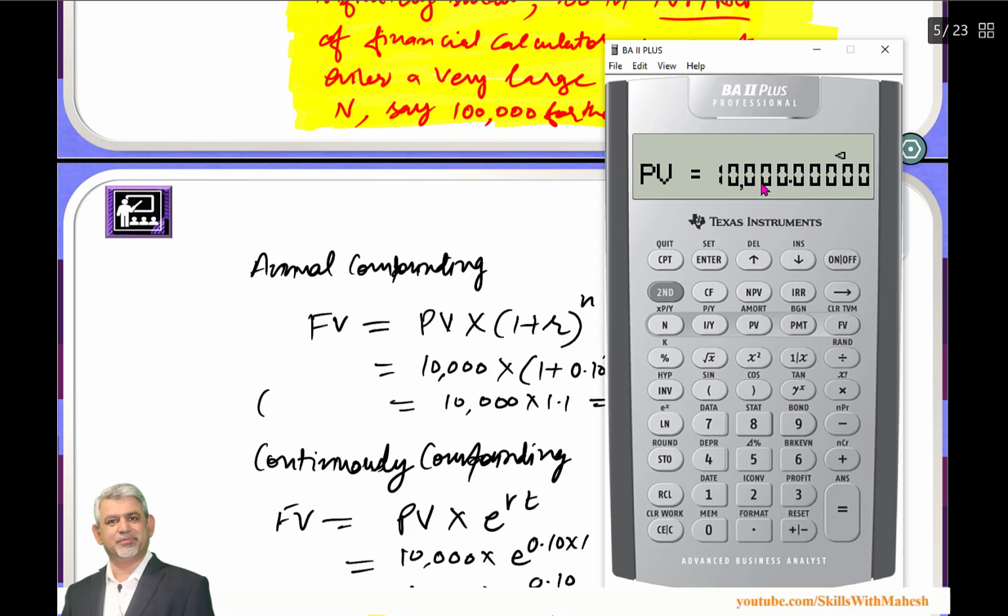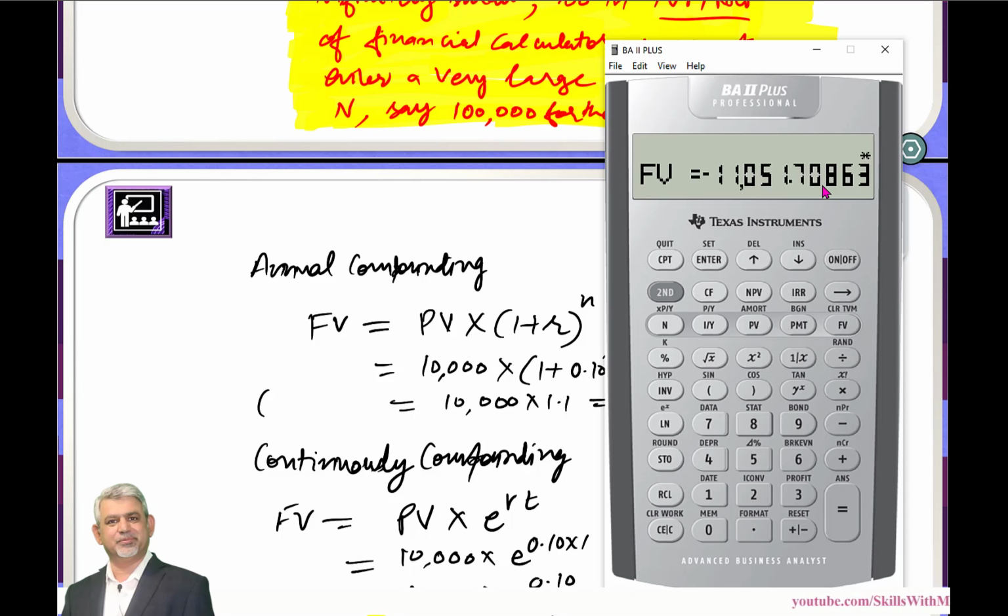So I entered 10,000 in the present value, and I/Y would be 10 divided by a very high number for n, and let us take it as 100,000 today. So this value will go into I/Y, and n we have to take very high, which we are taking as 100,000 today, and then I will compute future value. And interestingly, you will see even with the TVM row we got the same answer, $11,051.71.